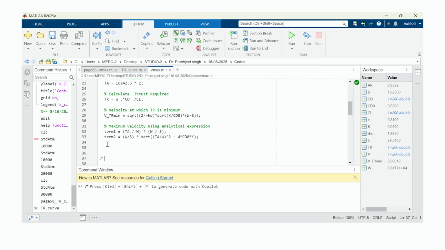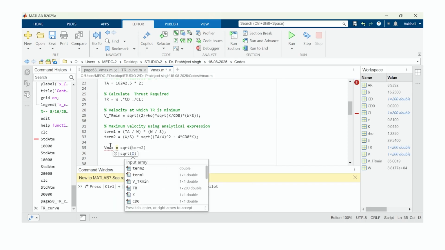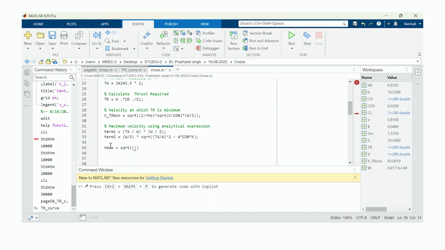Now we have term 1 and term 2. Now we'll be finding Vmax. So Vmax equals the square root of term 1 plus term 2, then divided by, in the denominator, rho into CD naught.